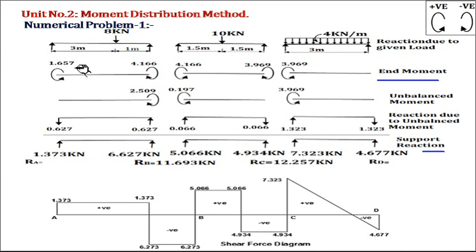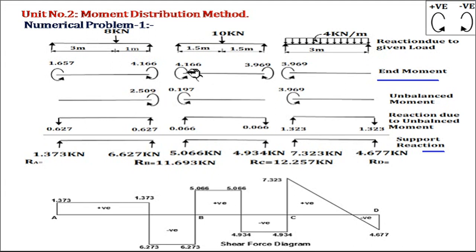So 1.657 minus 4.166 comes to be equal to 2.509. Here the larger moment is 4.166, so the unbalanced moment will act in clockwise direction. So the unbalanced moment is 2.509. Now the unbalanced moment in member BC.